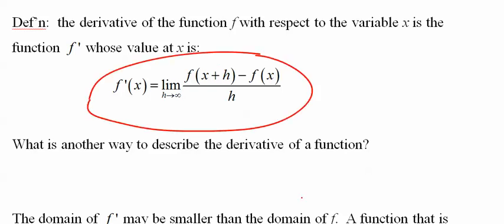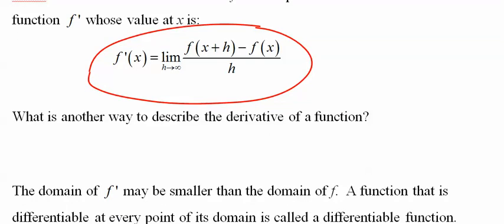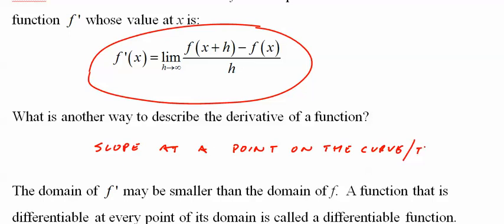Another way to describe the derivative is the slope at a point on the curve. Or more simply, we call this the tangent line.